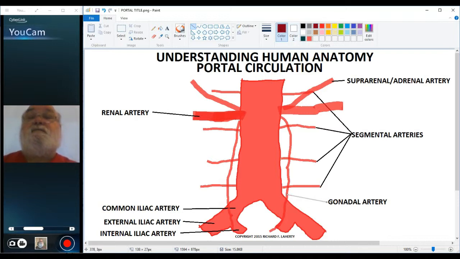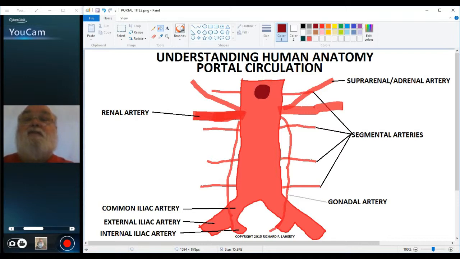Then we will have the unpaired branches. The unpaired branches, we have the celiac trunk. And the celiac trunk will be coming right out of the plane of the diagram and right at us as we're looking at it.